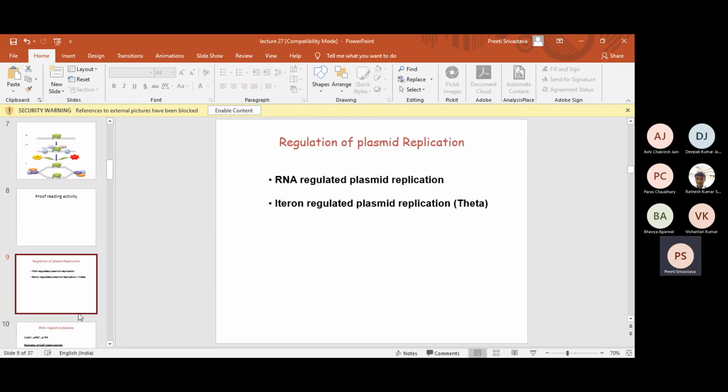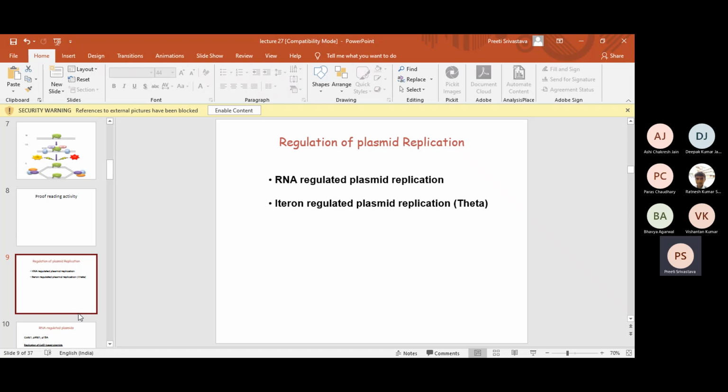So the question is why we need to regulate replication at all. If we do not have mechanisms to regulate replication, then replication can happen in a continuous manner. If the DNA keeps on replicating, you will have many copies created, which will cause a burden on the cell: a metabolic burden and a burden on the total DNA load.